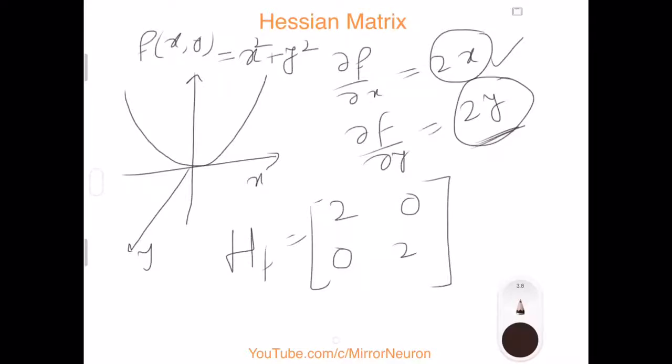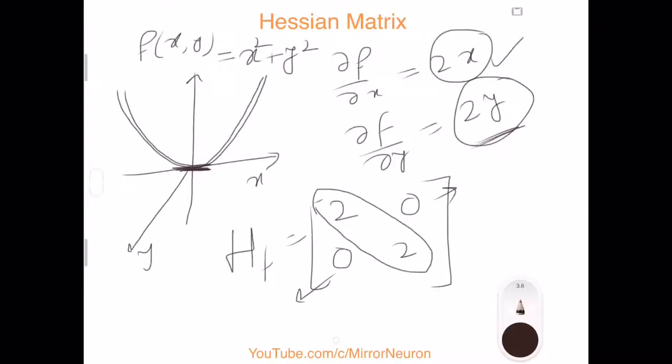A very interesting thing you should observe is that for this function there is a local minimum when you see positive values on the diagonal and 0 in the rest of the places.